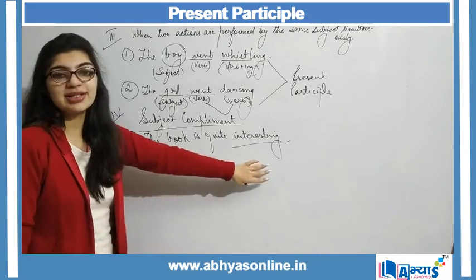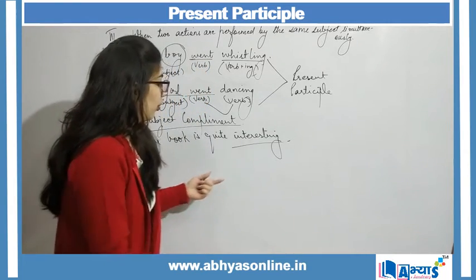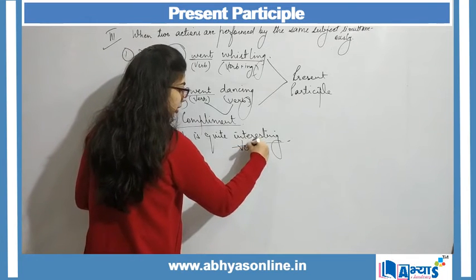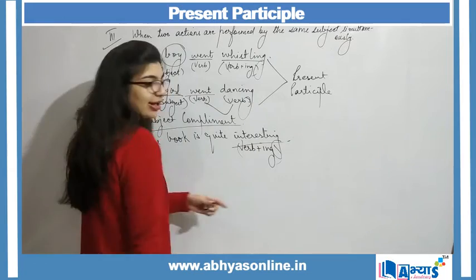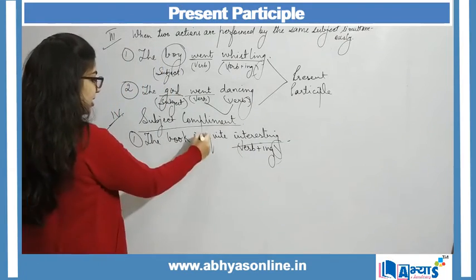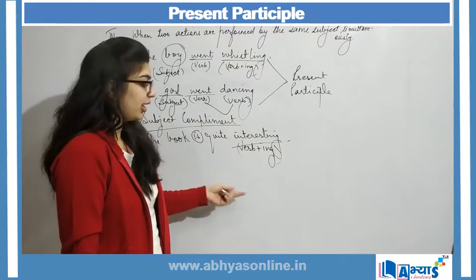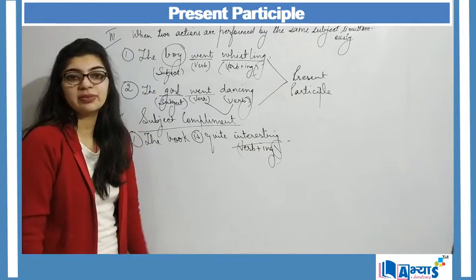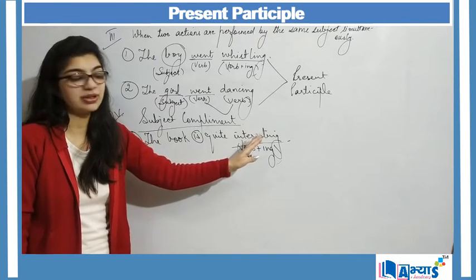Here, interesting acts as a subject complement. Therefore, verb plus ing is my participle and is my present form. Therefore, this is a present participle form. And interesting is over here the present participle and it also acts as a subject complement.